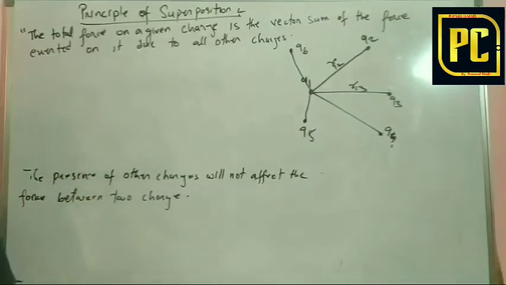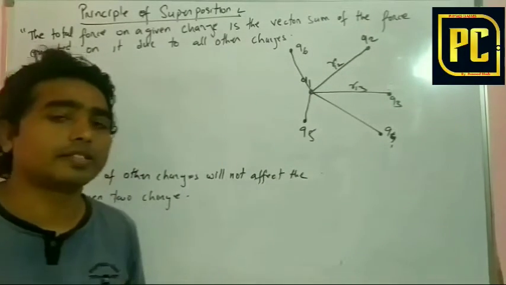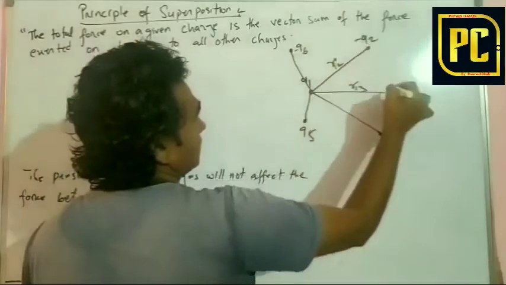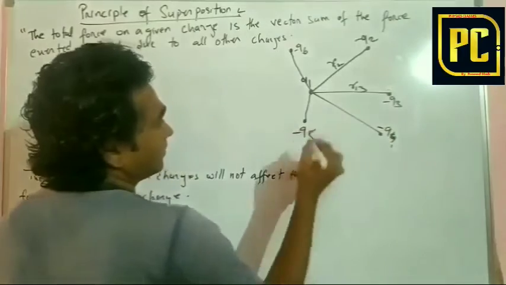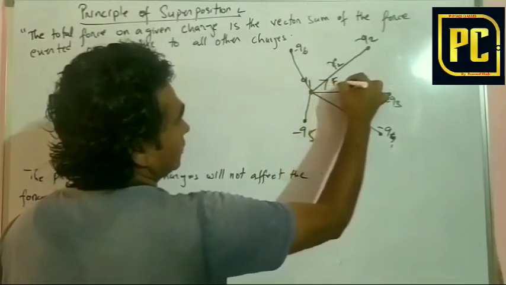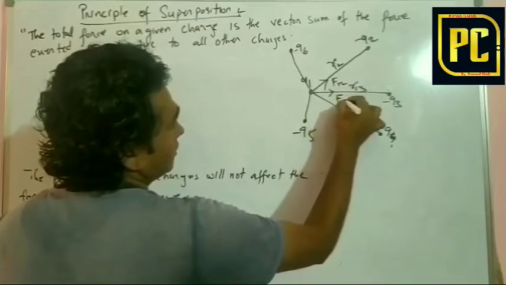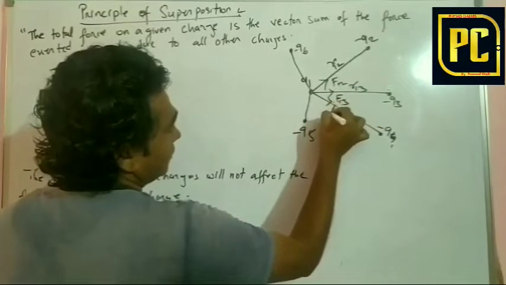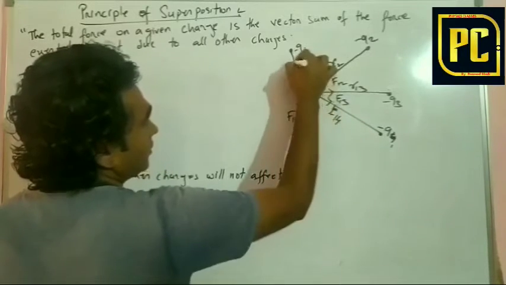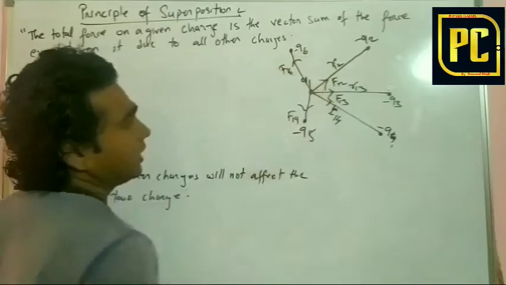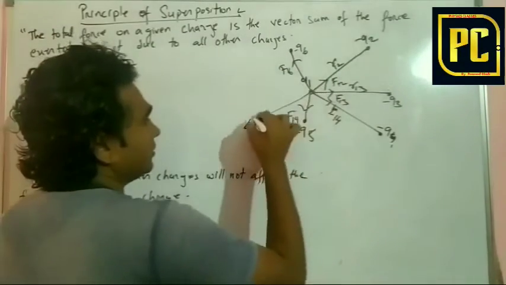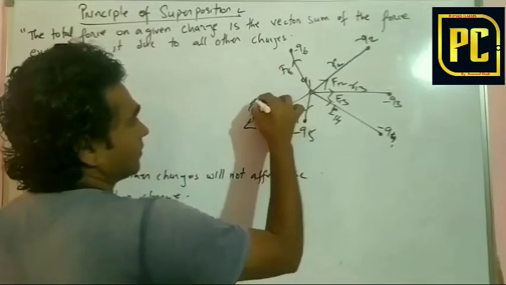Now if I have some attractive or repulsive force, the forces will be something like this. This is F12, this is F13, this is F14, this is F15, this is F16, and there will be some resultant force. Let this be the resultant F net.